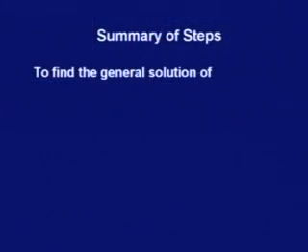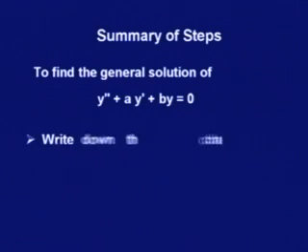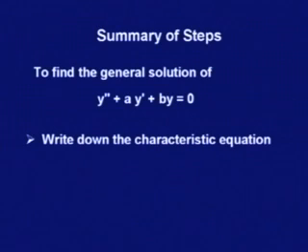To find the general solution of y double dash plus a y dash plus b y is equal to 0, where a and b are constants, first we write the characteristic equation. How are we writing it? We write a quadratic equation in lambda, where the coefficients are the same as the coefficients of the given differential equation, that is lambda square plus a lambda plus b is equal to 0.